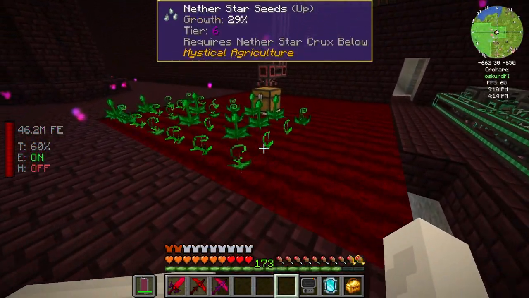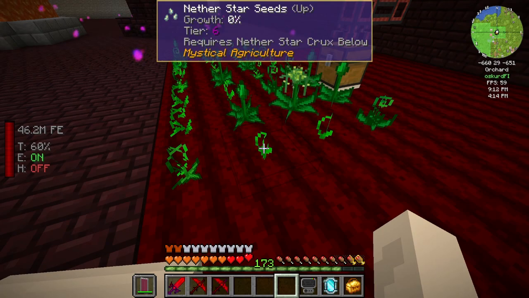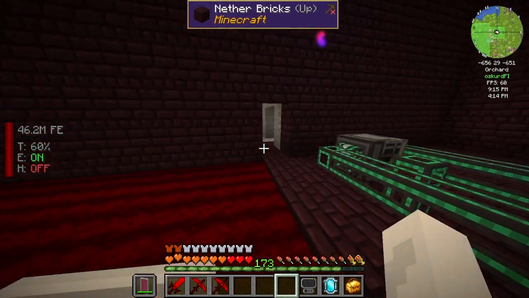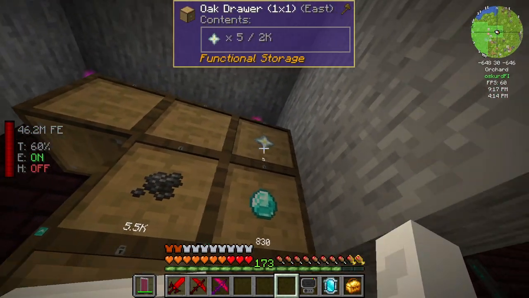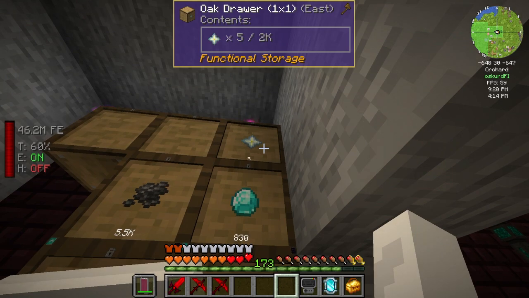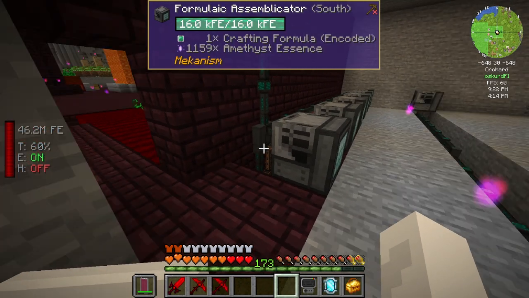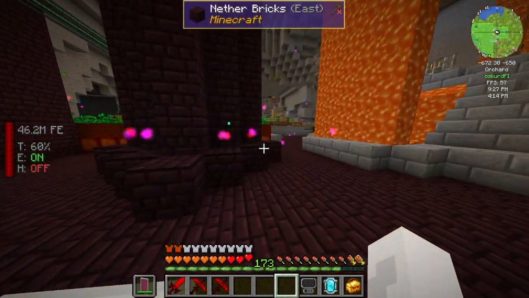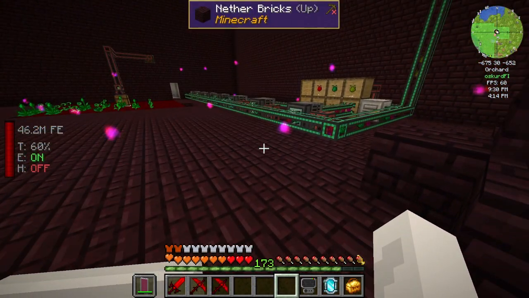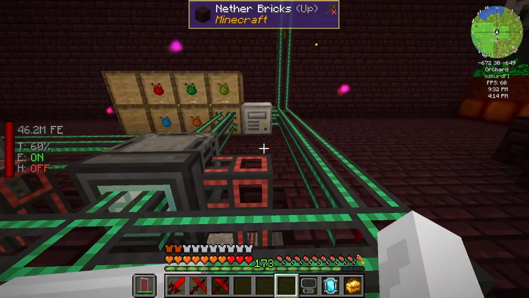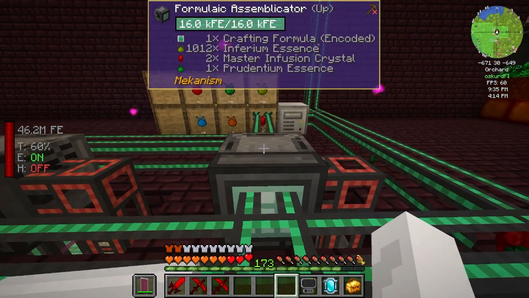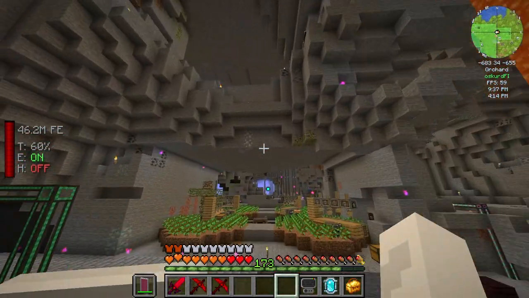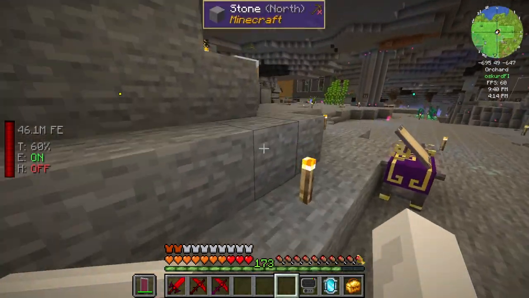This one still hasn't grown, not even once. I have no idea why. But here we have 5 wither stars. So that's not very fast. On its own, of course, we can accelerate even more, but as it is, not extremely fast.